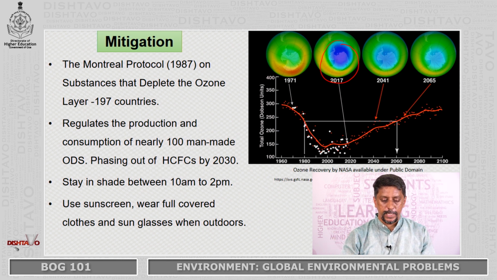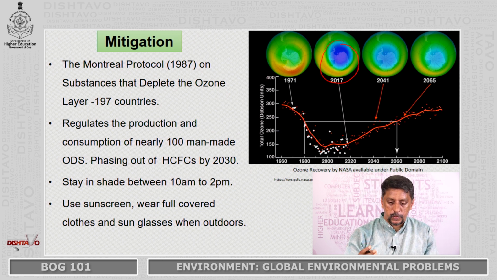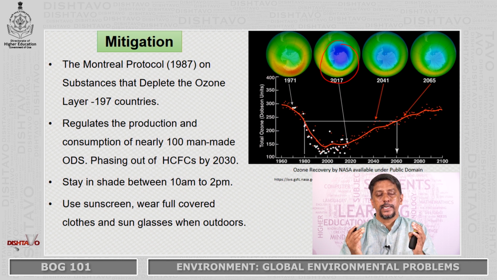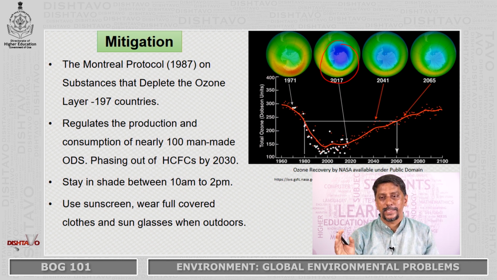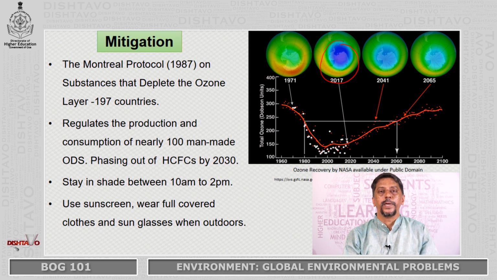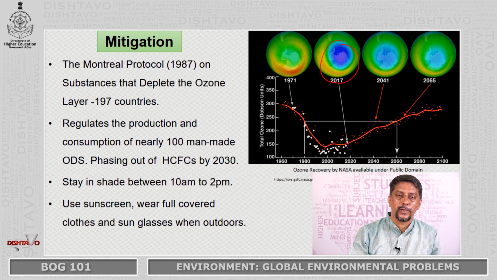So all the countries have contributed and are contributing so that ozone layer depletion is mitigated. And it is expected that by 2060 or 2065, that will be in your lifetime most probably, the ozone layer will be recovered, and that will be a good thing for our environment.